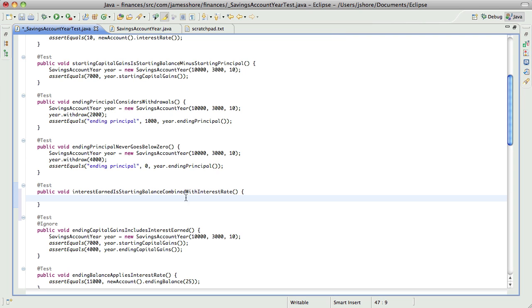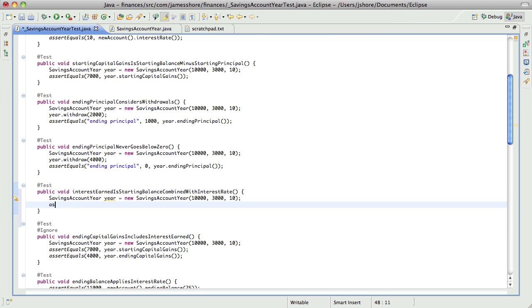So let's see, interest earned is starting balance combined with interest rate, so we're going to expect interest earned to be $1,000 in this case.